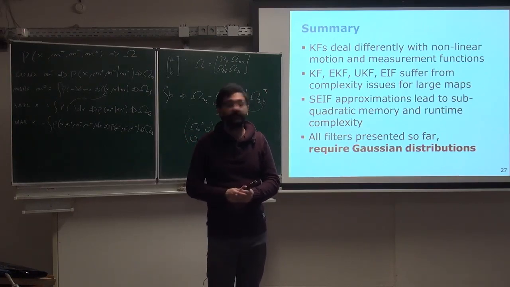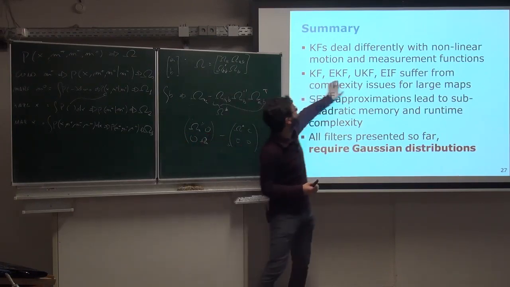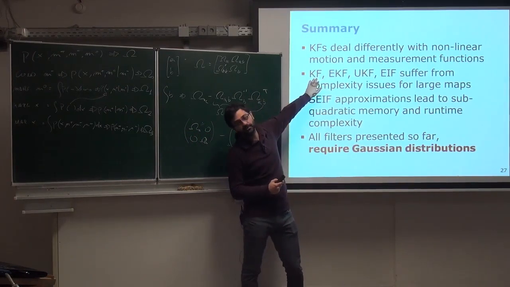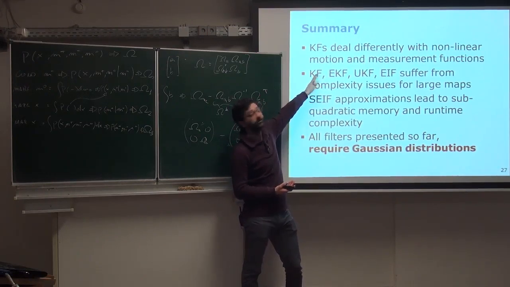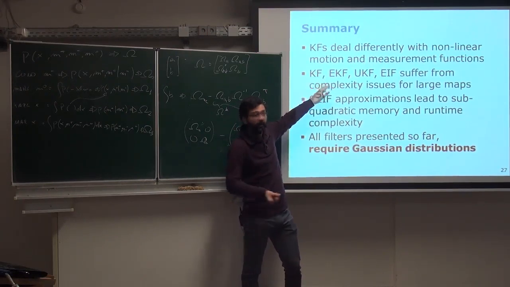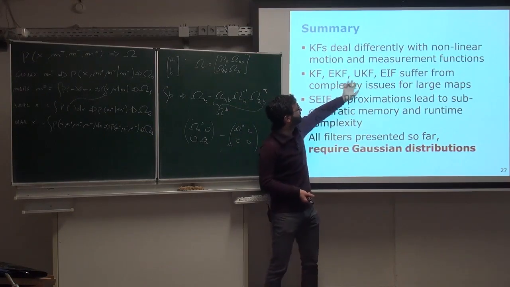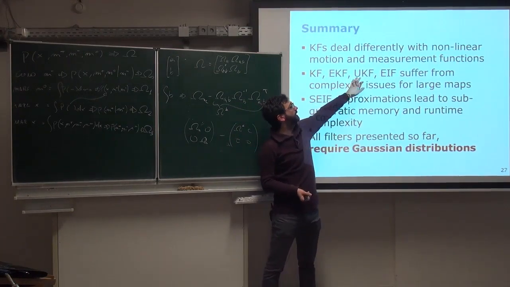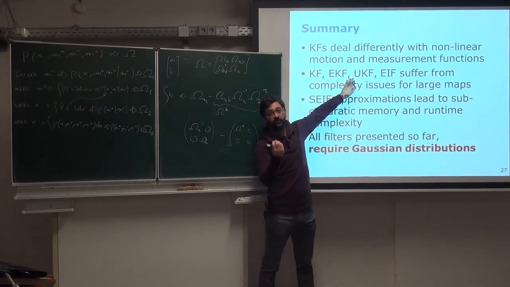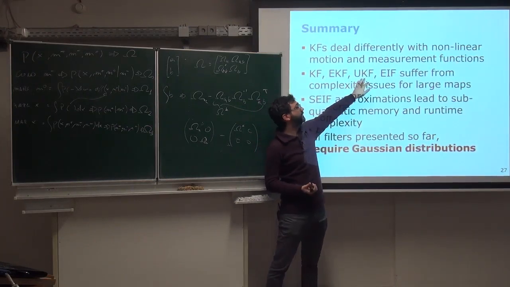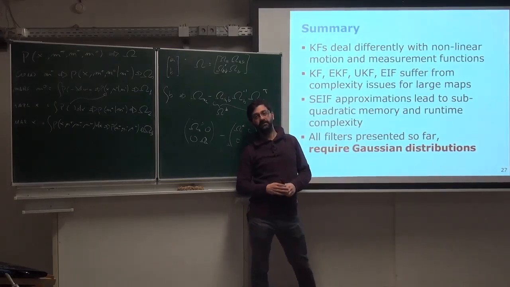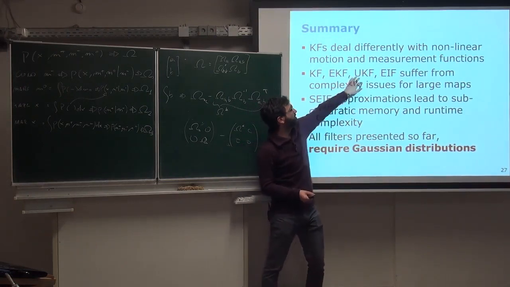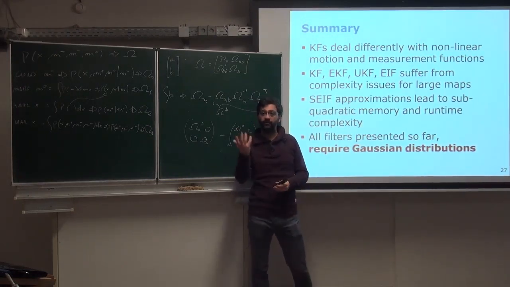This one here has the assumption of linear motion and linear observation, so normally it's never used in practice unless you really have a linear problem. Those two are actually quite similar. They end up with very similar results for moderate levels of noise and moderate nonlinearities, but the UKF is better at handling nonlinear functions. And from a complexity point of view, they're in the same family of complexity.